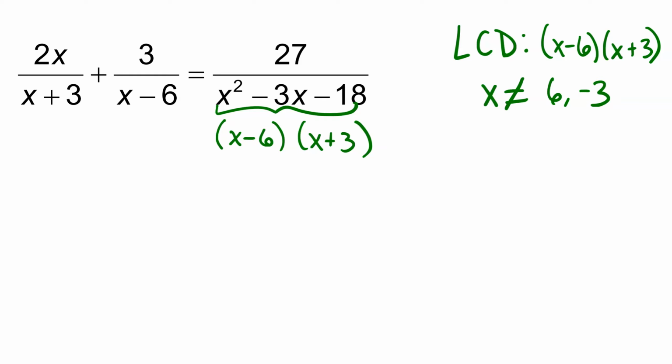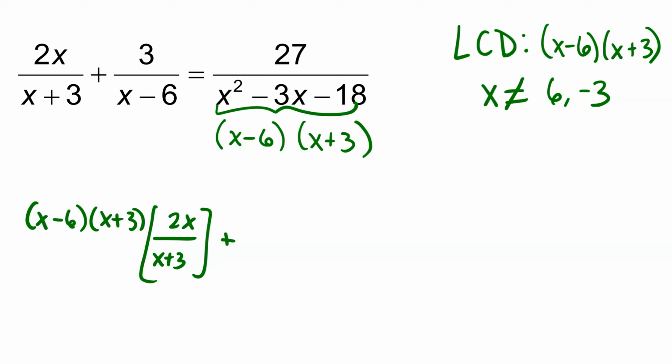So we have our least common denominator. We know the restrictions. At the end, always double check you didn't get one of your restrictions. I'm going to multiply every single term by our least common denominator. Guess what? Things are going to cancel. So I take x minus 6 times x plus 3 and multiply by 2x over x plus 3. Then I take x minus 6 times x plus 3 and multiply by 3 over x minus 6.